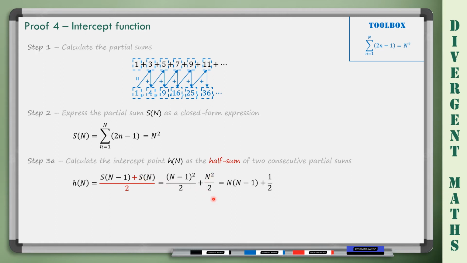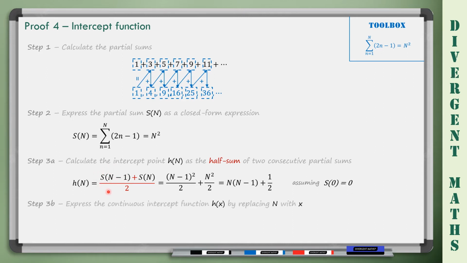If we simplify that, we have N times (N minus 1) plus 1/2, assuming S at 0 equals 0. In other words, we make an assumption that before we start here there's nothing, so we start at 0. That's the assumption that we need here for the value N equals 1.